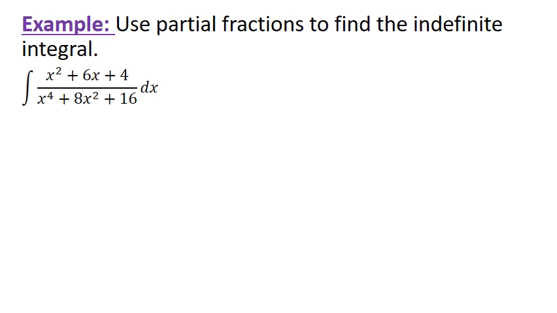We need to factor this denominator. So you may want to see that you can factor this. This here factors into x squared plus 4 times x squared plus 4, which can be written as the quantity x plus 4 squared, which is a little bit different.